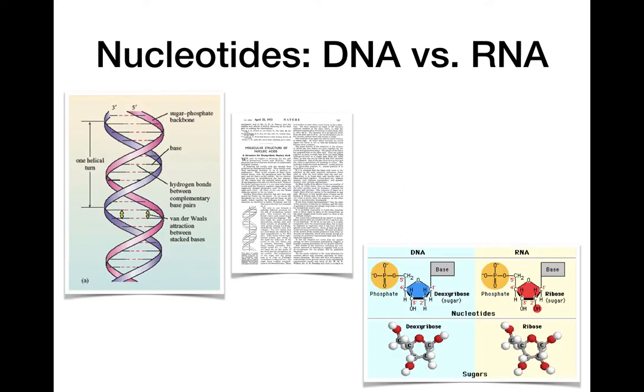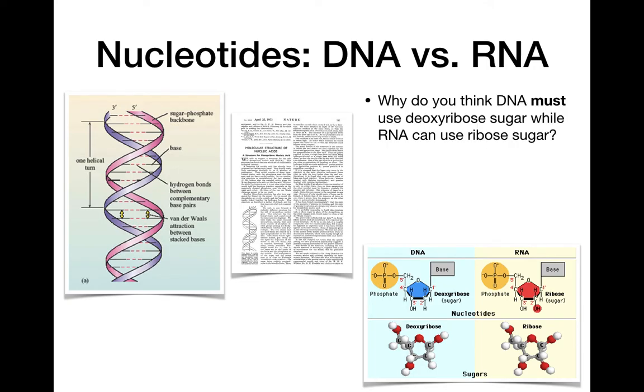Okay, RNA versus DNA. So DNA has to use deoxyribose sugar for its backbone, while RNA can use ribose sugar. This is a must do. Do you have any idea why that must be the case? Think about their structures here. Well, DNA is double-stranded and RNA is single-stranded.